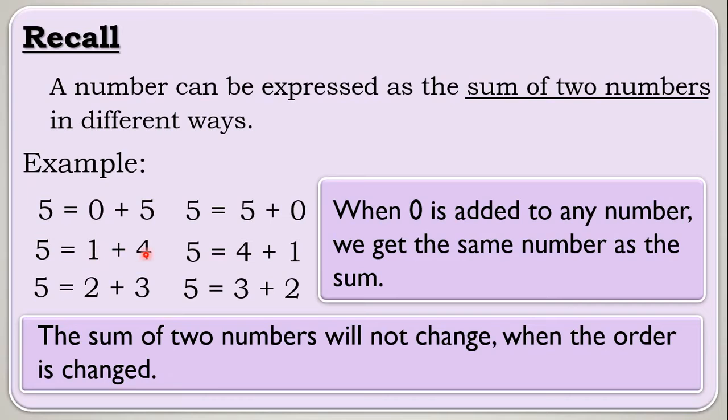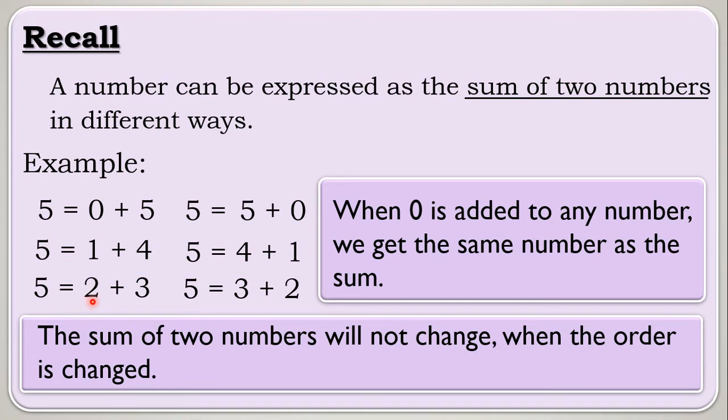Here we have 1 plus 4, here we have 4 plus 1. So either you add 4 to 1 or 1 to 4, the sum will be 5. So what we understand here is, the sum will not change when we interchange the positions of these numbers while adding.